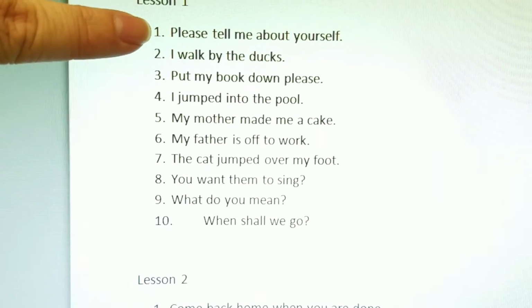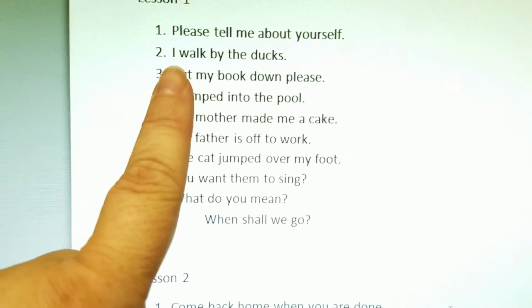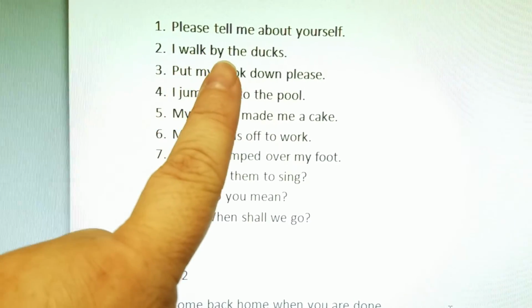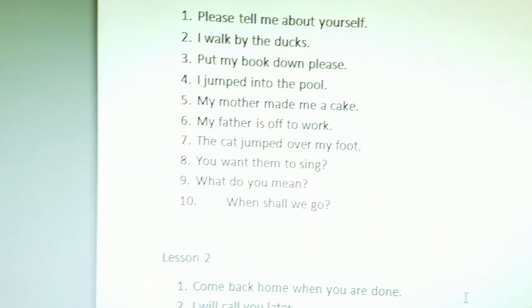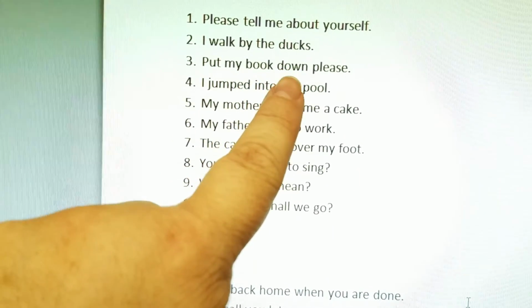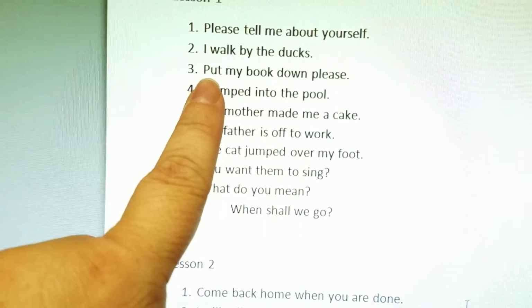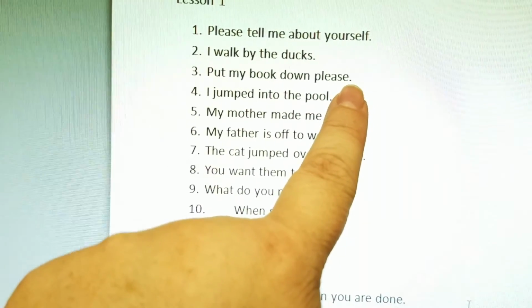Please tell me about yourself. The next one is, I walk by the ducks. Third one, put my book down, please. Notice the first letter is capital and the last one has a period.